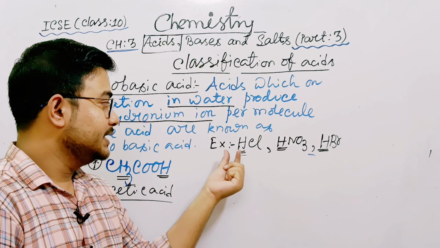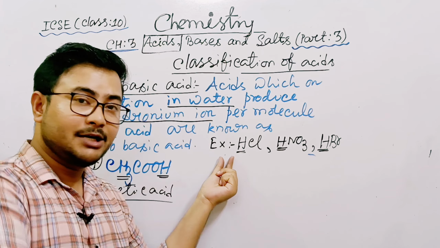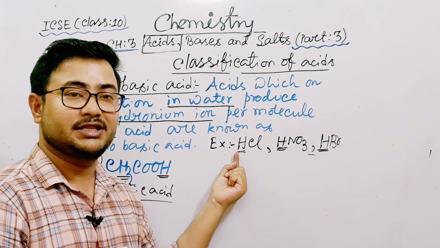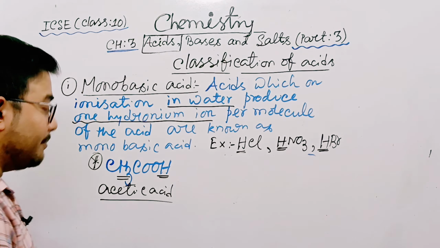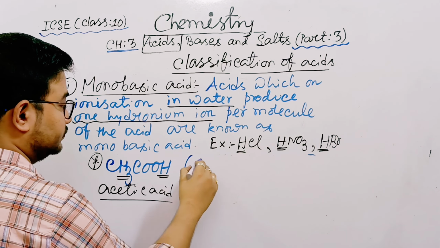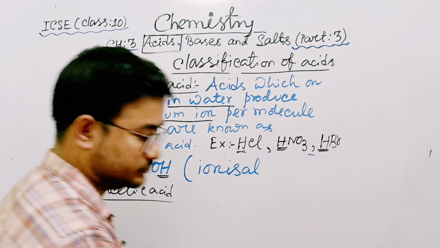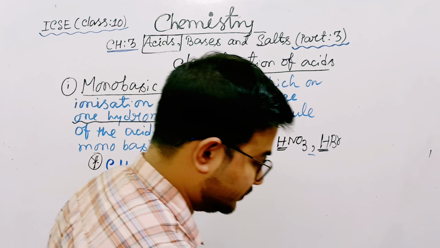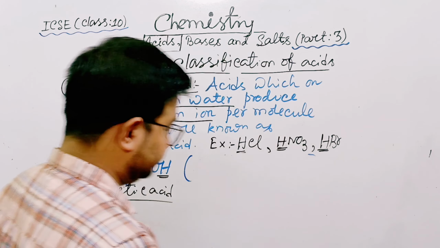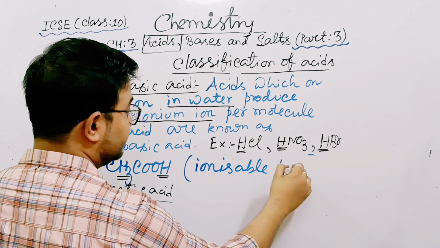Initially I told you the number of H present in the acid, 1 H, so monobasic acid. Now it is not only the number of H, it is the number of ionizable hydrogen.